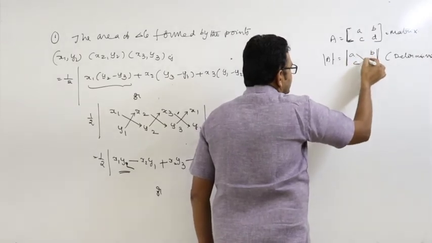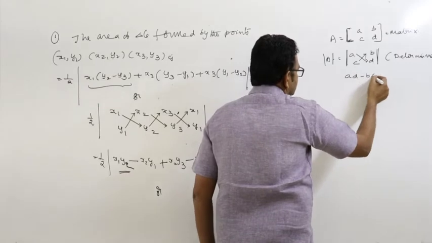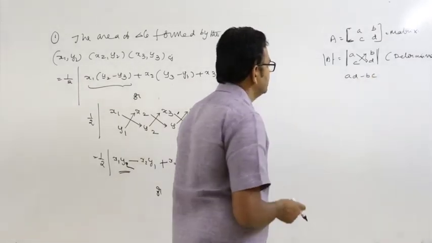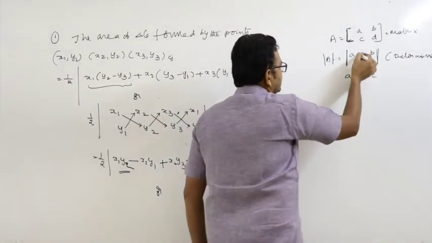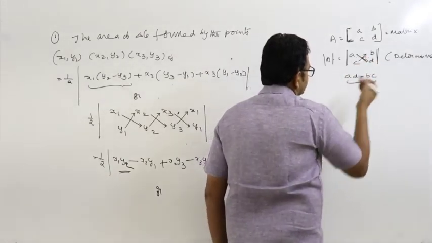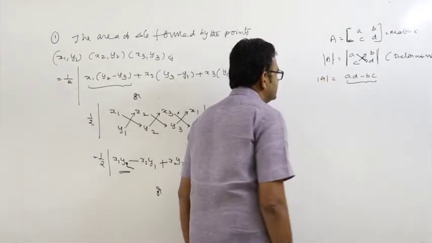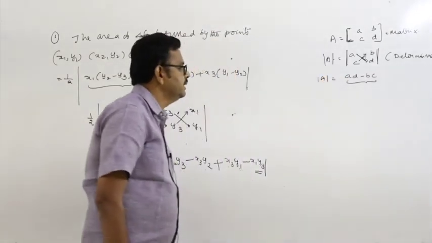Then this is AD minus BC. AD minus BC is called determinant of the matrix.